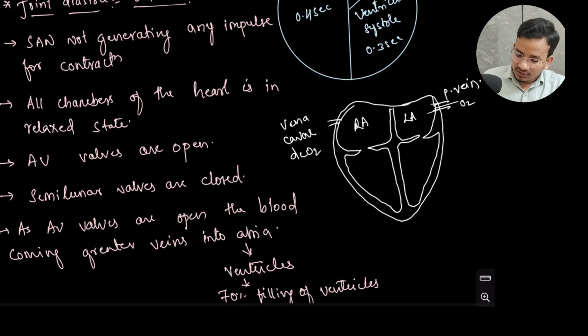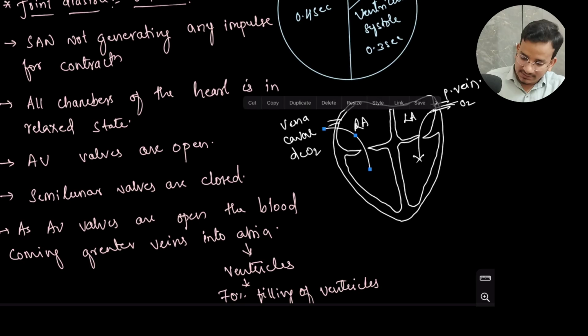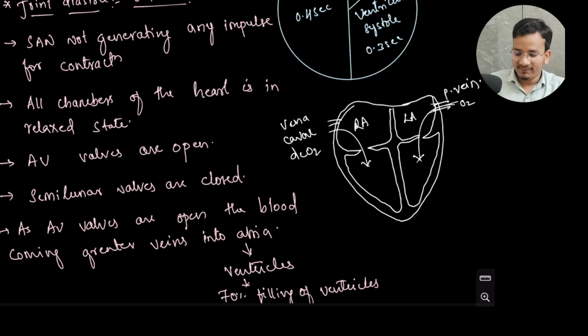As the AV valves are open, this blood is directly entering inside the ventricles. Here also, whatever blood is coming from the vena cava into the right atrium, as the AV valves are open, is directly entering inside the ventricles.